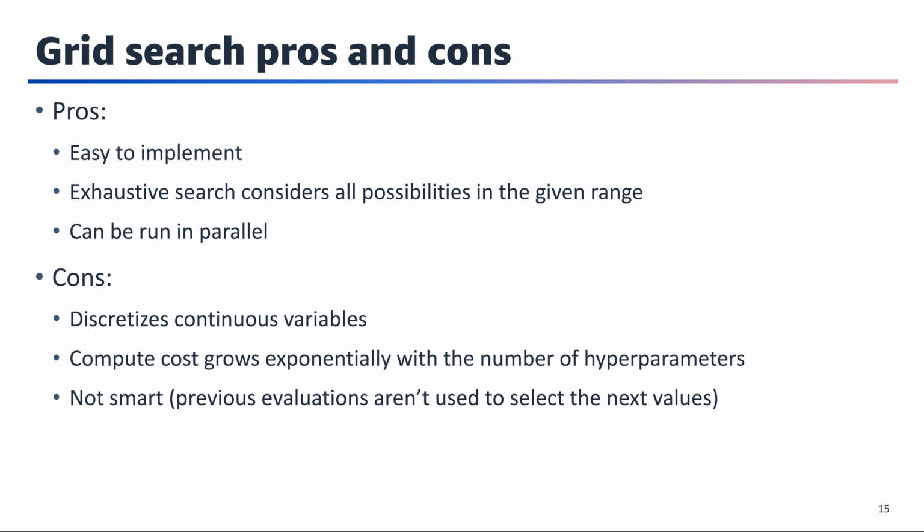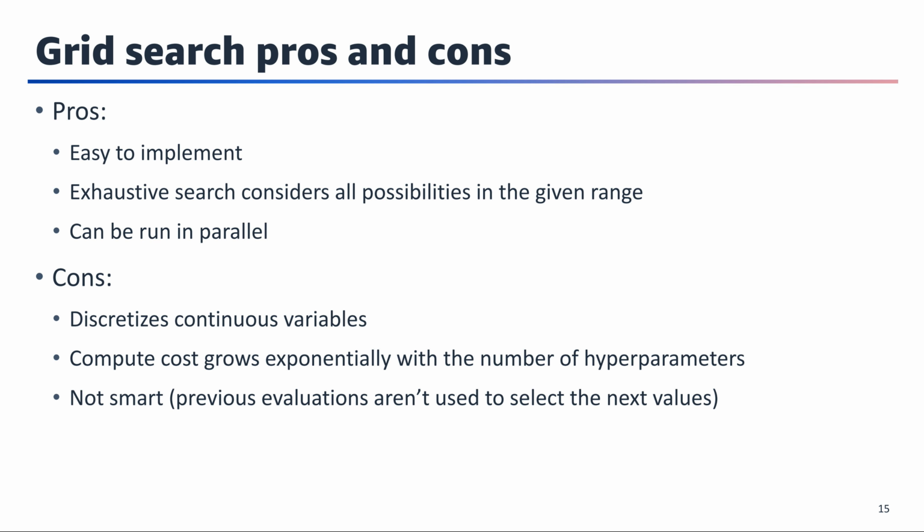It discretizes continuous variables, which may lead to suboptimal solutions. Furthermore, the computational cost grows exponentially with the number of hyperparameters, making it impractical for high-dimensional problems. Lastly, grid search is not a smart approach, as it does not utilize information from previous evaluations to guide the selection of subsequent hyperparameter values.